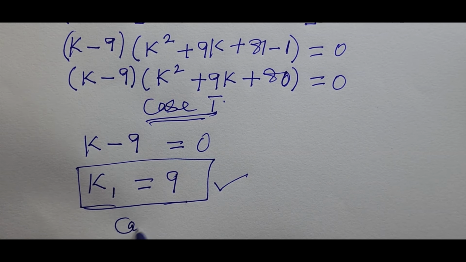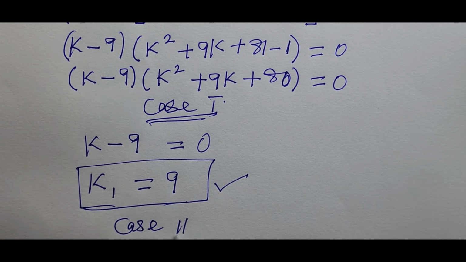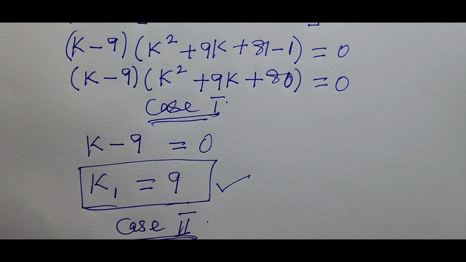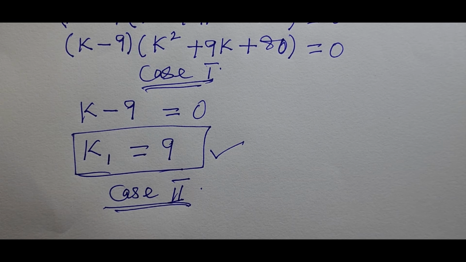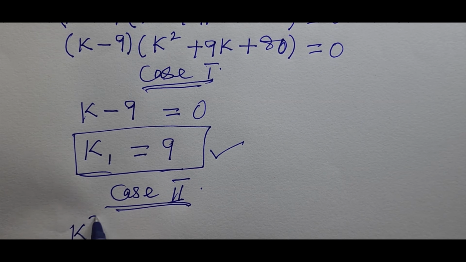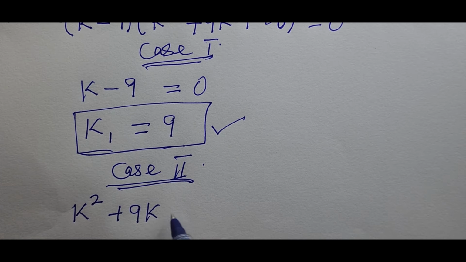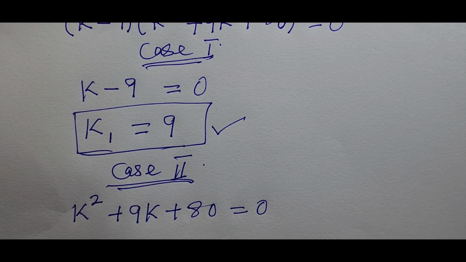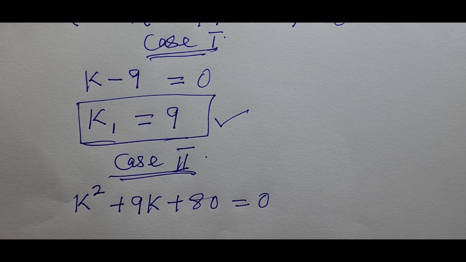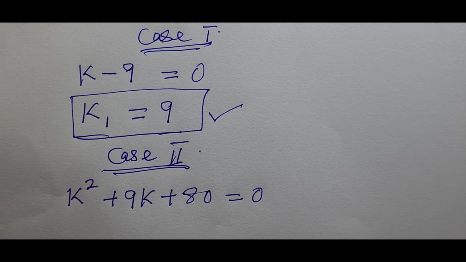So we have here case 2. We have k² + 9k + 80 = 0. Yeah, this is a quadratic equation. So we want to solve this using the quadratic formula.